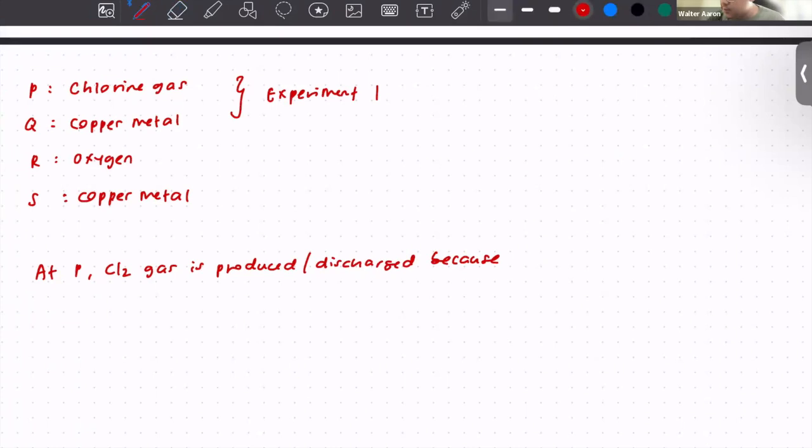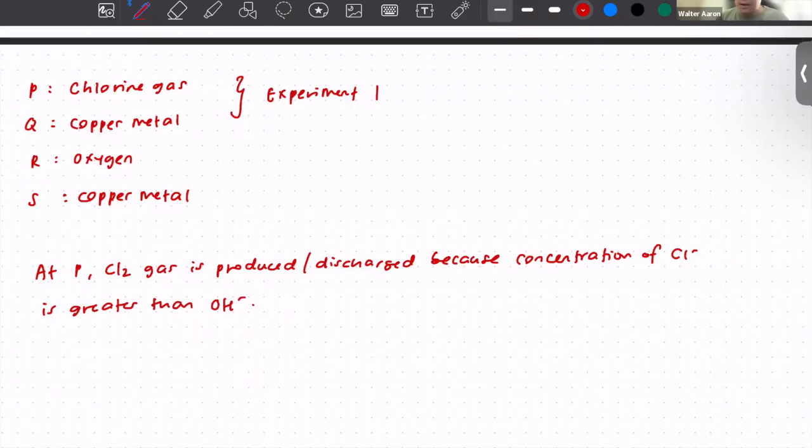So you say discharged because concentration of Cl minus is greater than OH minus. That'll give you 1 mark.